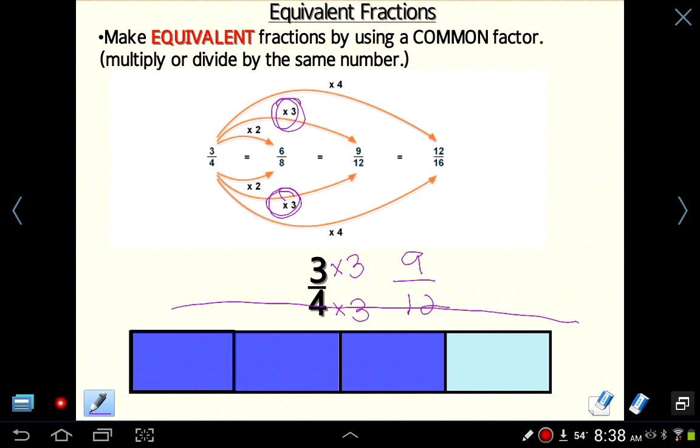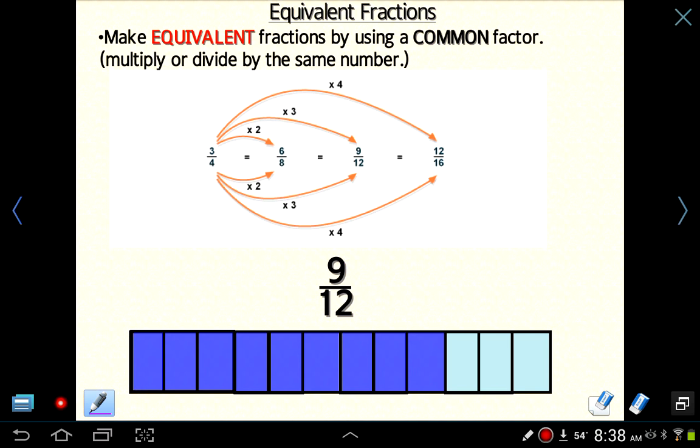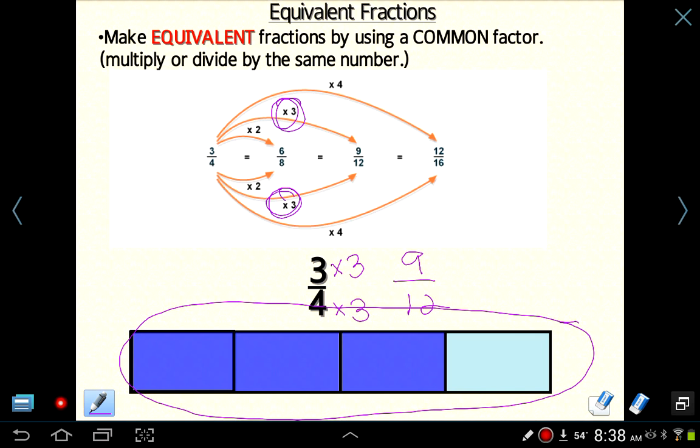This fraction strip is exactly the same whether I show it this way or this way. It's very important that when you multiply by a common factor, you use the same number. I can't use 3 up here and then use 10 down there. I've got to use the same factor. 3 and 3, 2 and 2, 7 and 7.